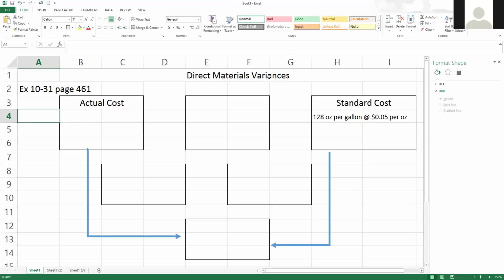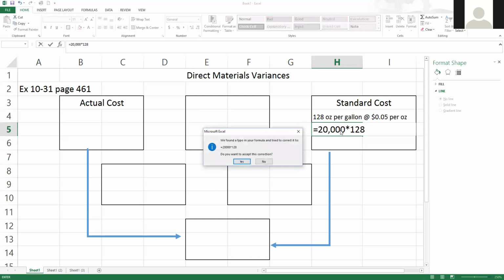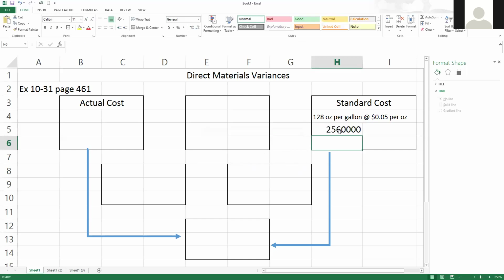So as we turn the page, 462, it tells us that during this week, we made 20,000 gallons of apple juice. We can do a little math. 20,000 gallons of apple juice times 128 ounces per gallon tells us how many ounces we need. It doesn't like my comma in there, but we'll put a comma in there now.